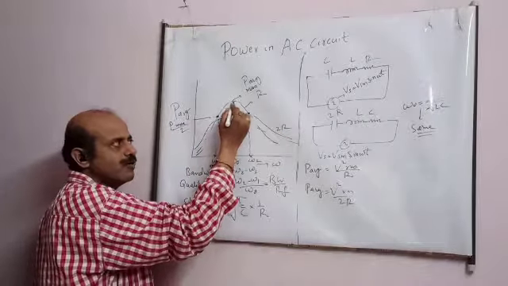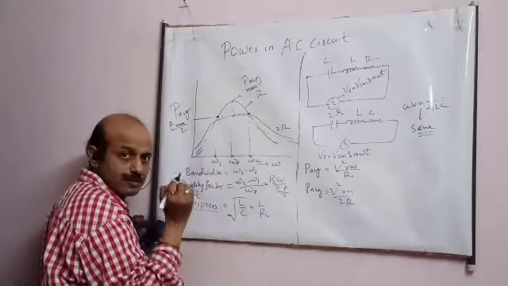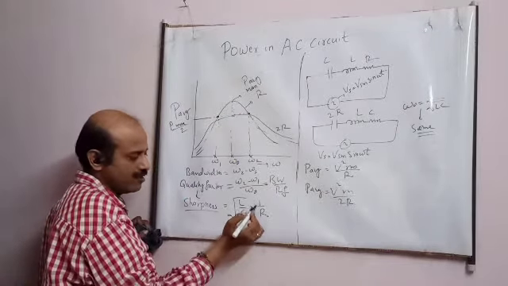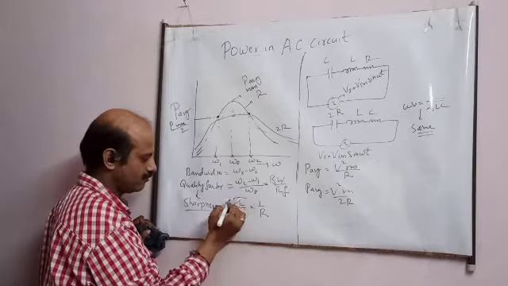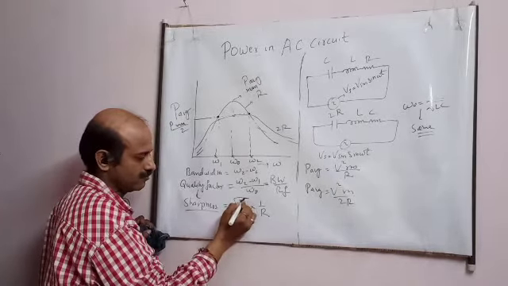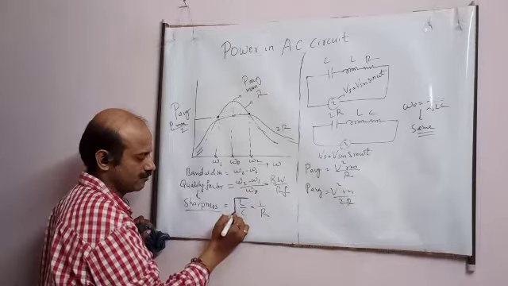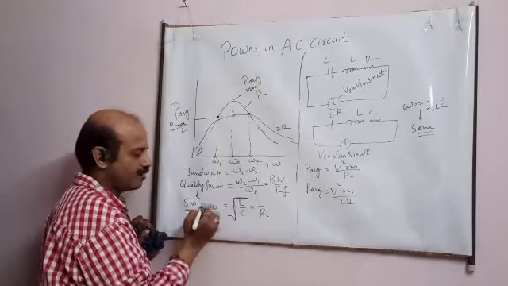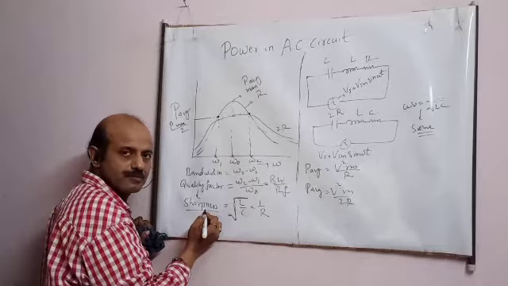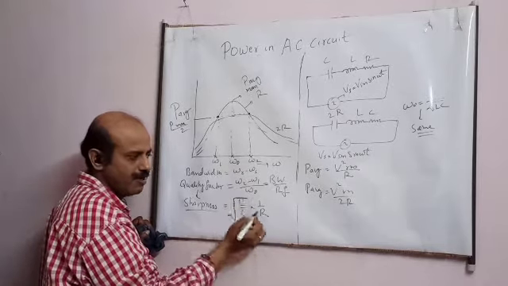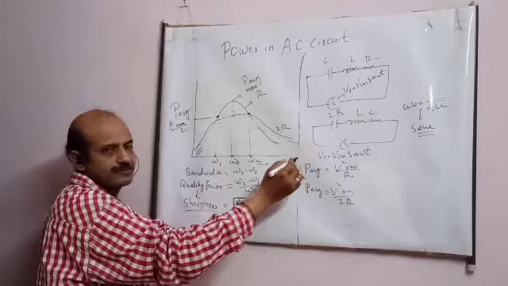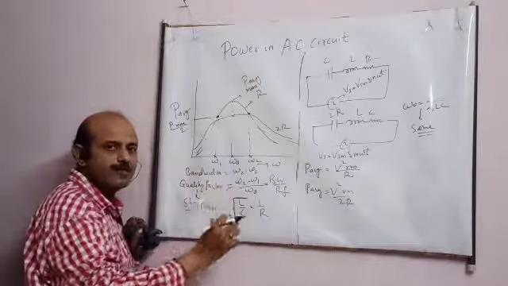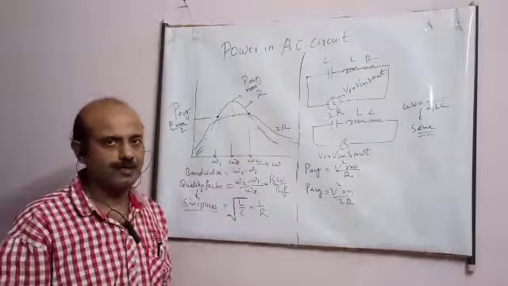This is quality. See, quality is reducing. See, quality is inversely proportional to R. Higher the R, sharpness will decrease. So if you go on increasing the resistance, the quality will reduce, students, of the circuit.